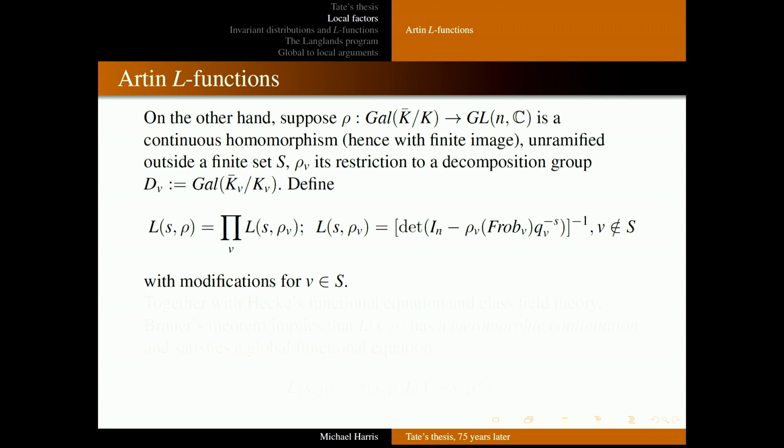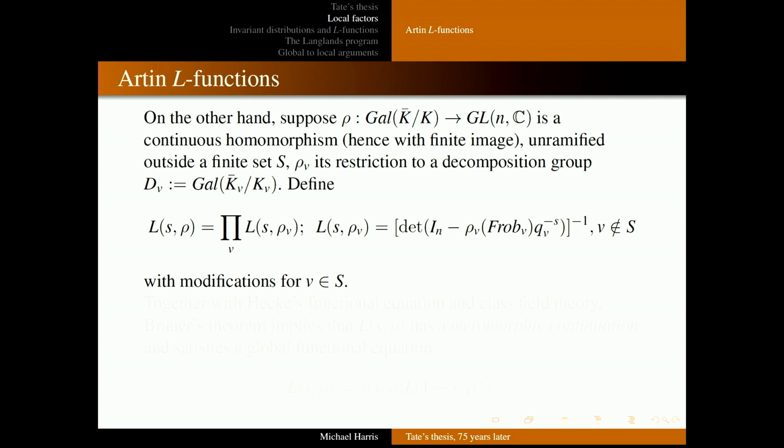And then we define the L function to be the product of the local factors, where now, if it's unramified, we take the determinant. We've already seen this term, the determinant of the identity minus the image of Frobenius, multiplied by q to the minus s, inverse. And then if it's ramified, then we have to take the image of Frobenius on the fixed points of the fixed space of inertia.